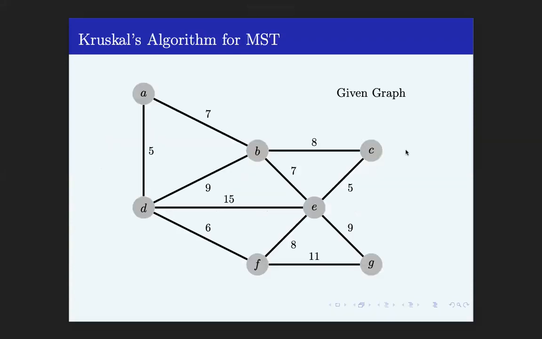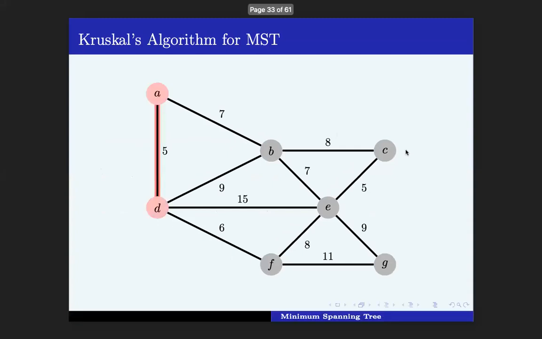So this is what is called Kruskal's algorithm. It's a very, very greedy algorithm. The main idea is that you start by picking a minimum edge. So I start by picking AD. Among the other edges, what is the next minimum? It's EC, so I pick EC.